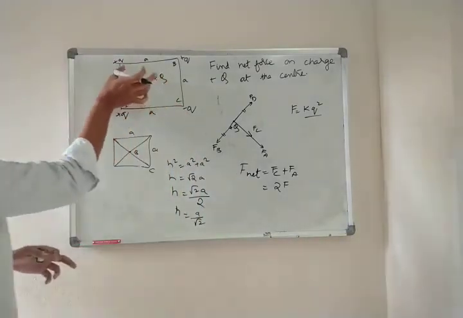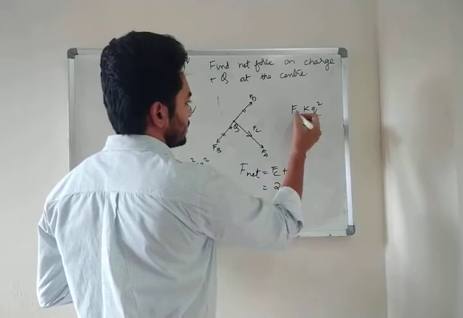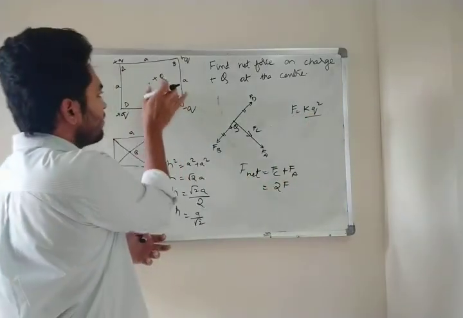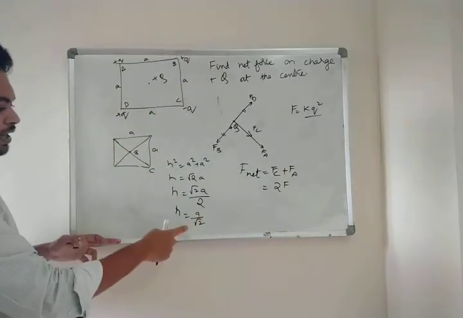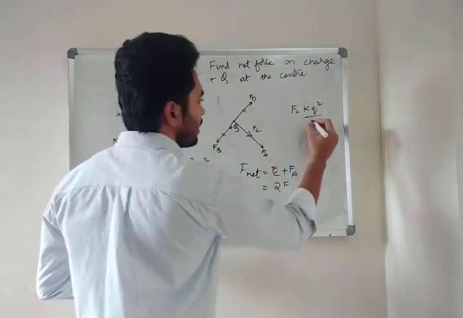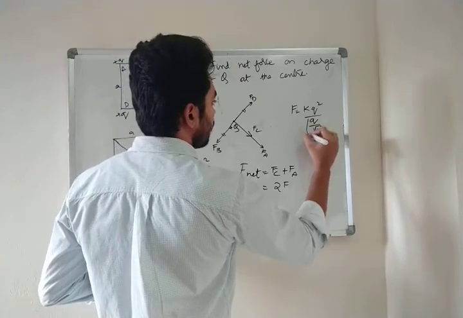A square is this diagonal and this diagonal, so half. So let us consider this by a square. A means total distance, so we are considering half. So what is our this half? So a by root 2 whole square.